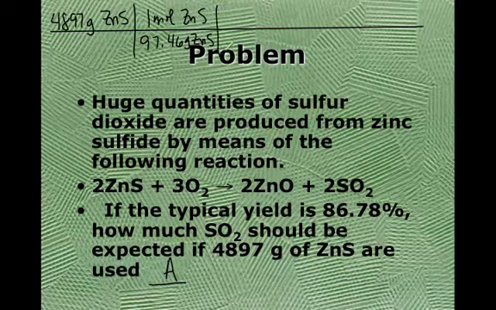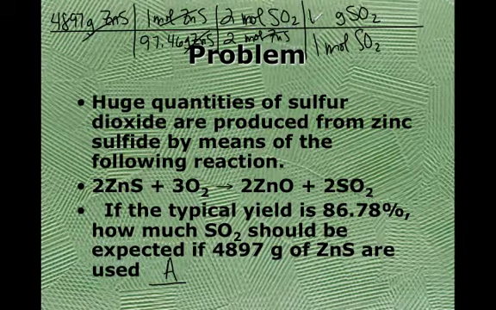And now we're going mole to mole, so we need to use our coefficients. So 2 moles of ZnS. It's a 2 to 2 ratio, which the 2's cancel out if you want. And then we use the mass of SO2, which is 64.07, because it's 2 times 16 is 32 plus 32.07.